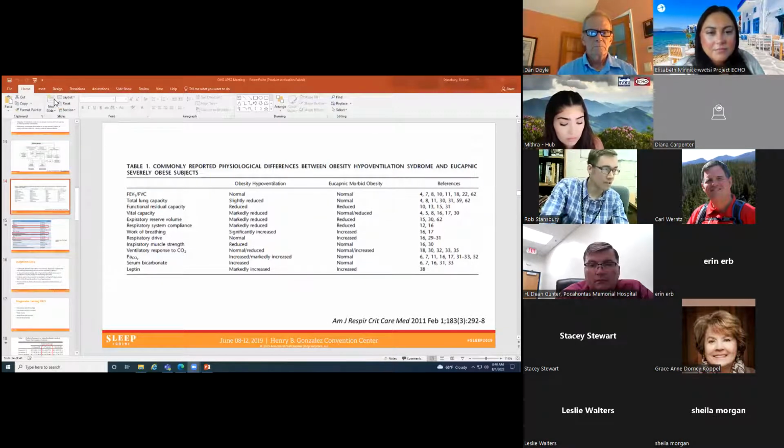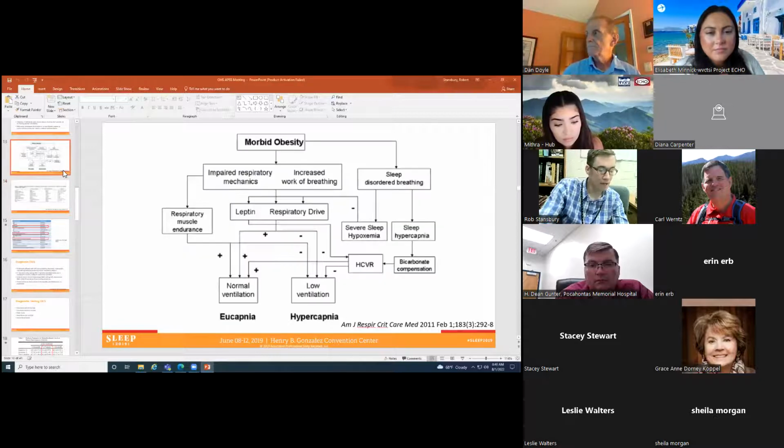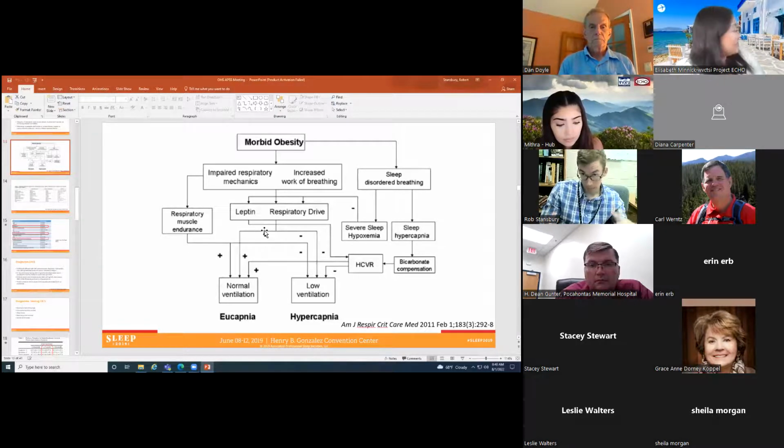And there's more to it than just PFTs. There's the sleep disordered breathing component, which you talked about, bicarbonate compensation, some impairment in respiratory mechanics. And then they think there's probably even a hormonal component where the respiratory drive is affected. At a basic level, your CO2 level is the equilibrium between how much CO2 your tissues are making and how effectively you ventilate and breathe it off.